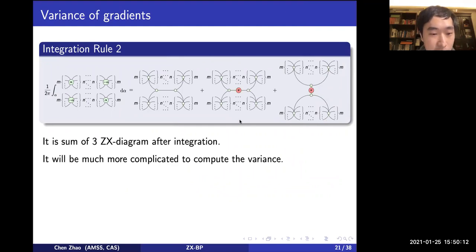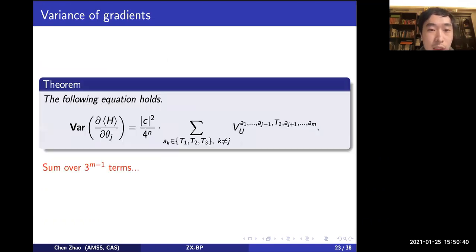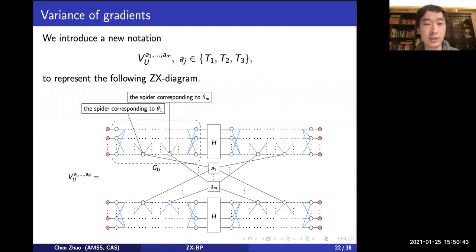And it will be much more complicated to compute the variance because when we have a lot of parameters, there will be a lot of terms. And we denote T1, T2, T3 to be these 3 ZX diagrams. And now we introduce a new notation, V(A1 to AM), to represent the following ZX diagram, where Aj is in T1, T2, T3.